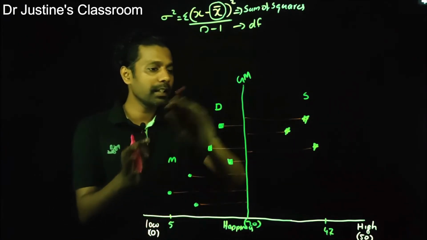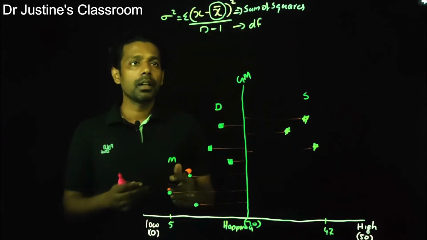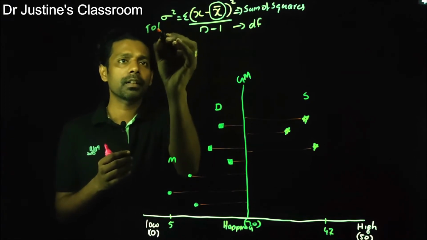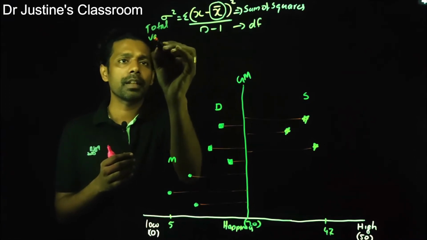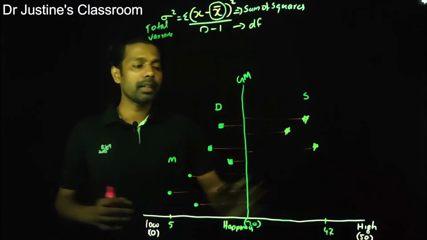If I take the entire variance, I'm going to call it the total variance. Why total variance? Based on the entire data, how much variance is there.